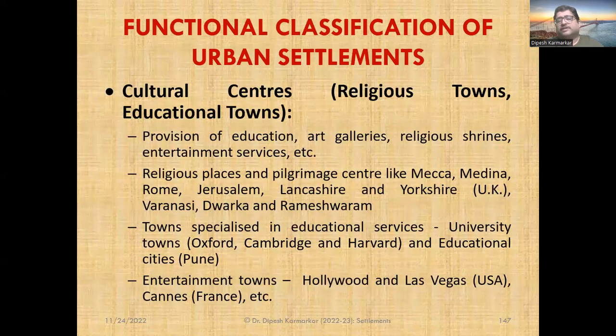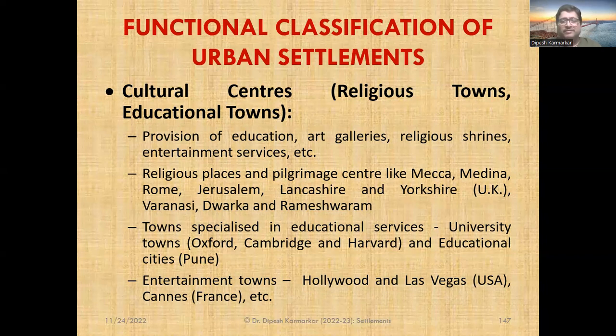The third important classification can be cultural centers. Now, when we say cultural centers, that's a broad category. Within cultural centers, we can talk about religious towns, educational towns, entertainment towns, etc. So these are the towns where culture is a very significant function.